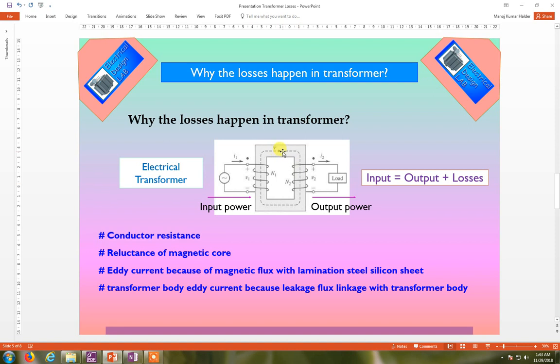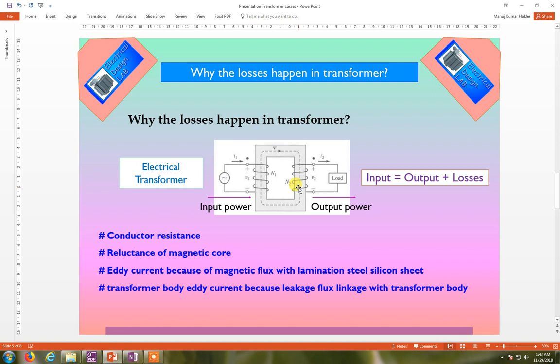So for overcoming this reluctance, there is some power used. The third one is eddy current, because of magnetic flux with laminated silicon steel sheet. When flux passes through this core, this flux is not only cut by the conductor but also cut by the core.